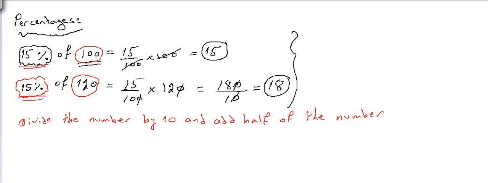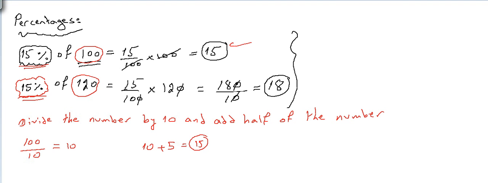The first number was 15% of 100. If we take 100 and divide it by 10, we end up with 10. Now, what is 10 plus its half? The half of 10 is 5. So the answer is 15. Correct. Let's try the 120.